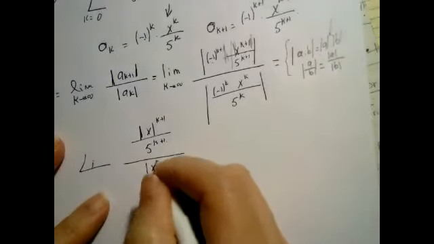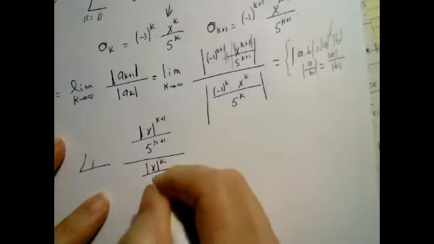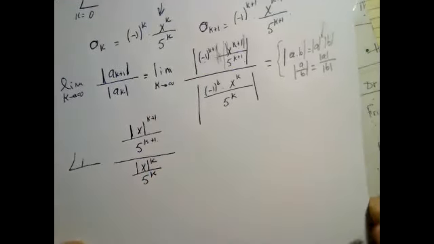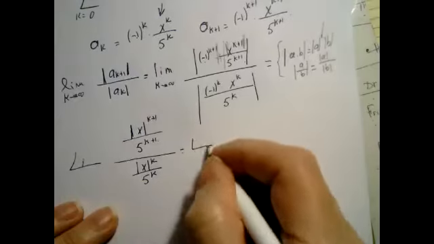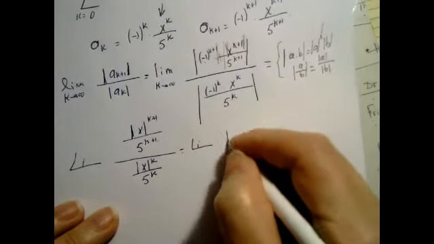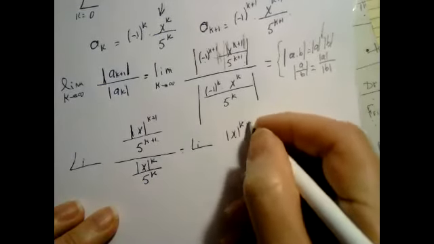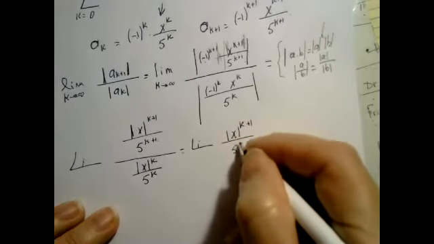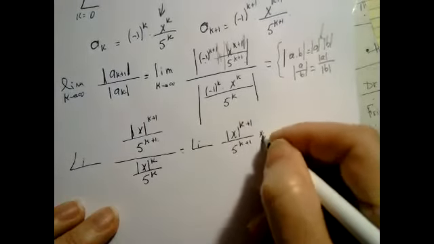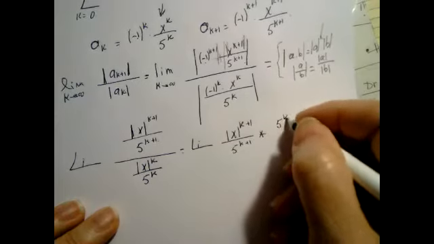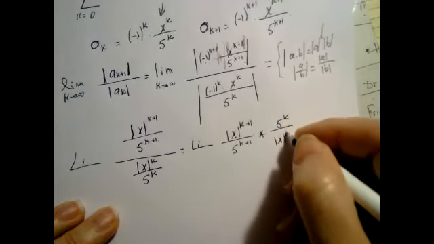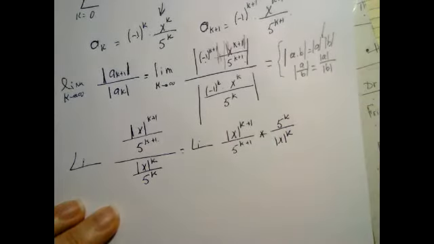I do the same here. I will have |x|^(k+1) over 5^(k+1). And now at this stage, we use the simple property of fractions: over 5^(k+1), and I multiply this by 5^k over the absolute value of x^k. Okay.